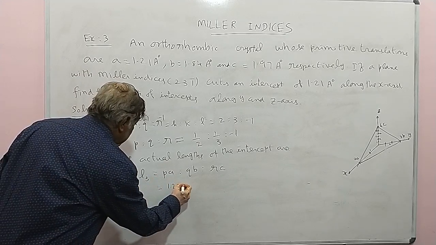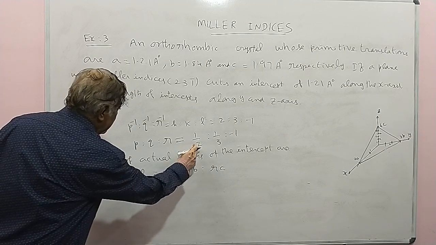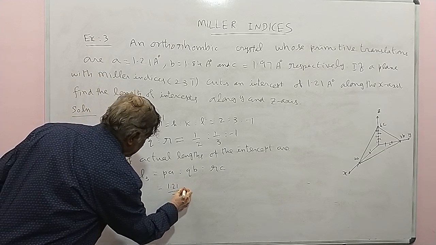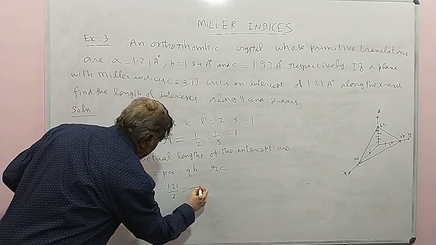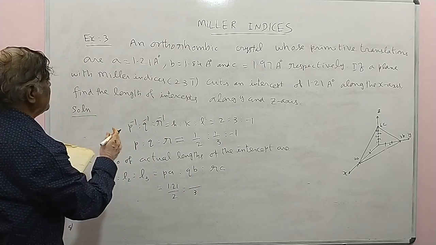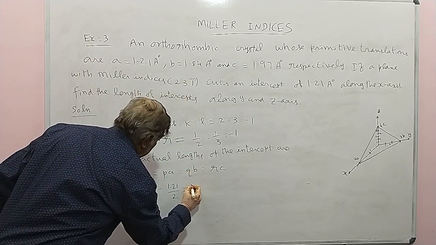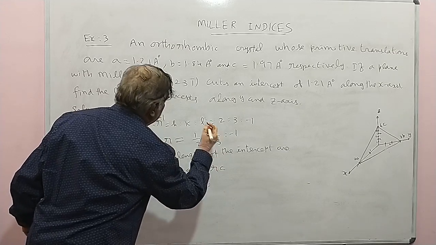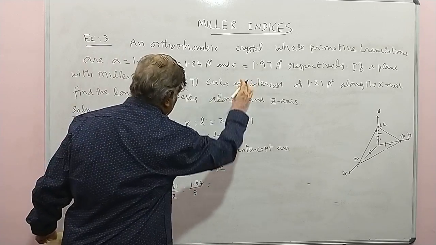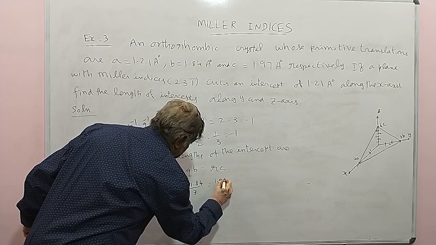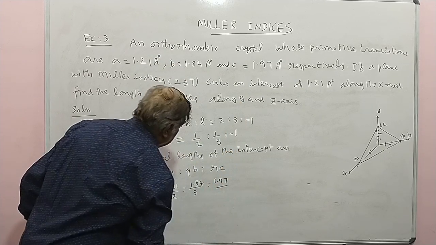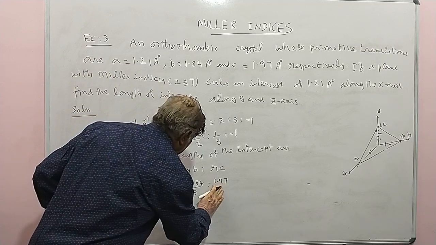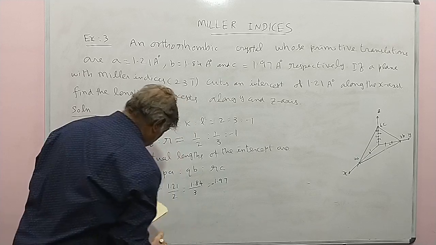So P is 1/2, Q is 1/3, and B value is given as 1.84. C is 1.97, and this is -1, so you could put minus 1.97.